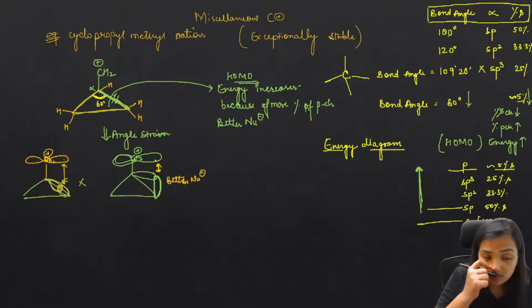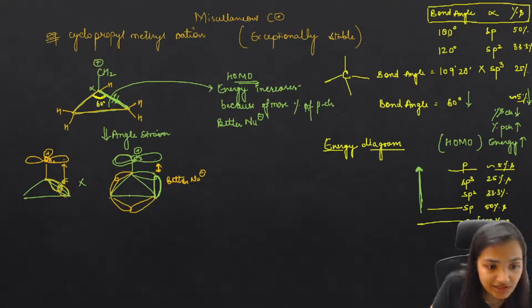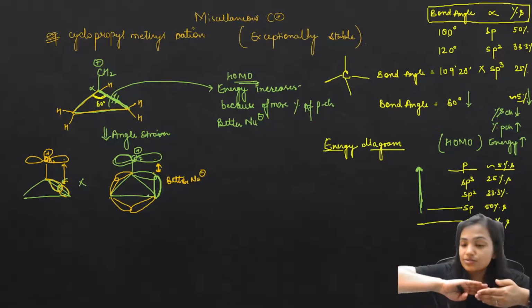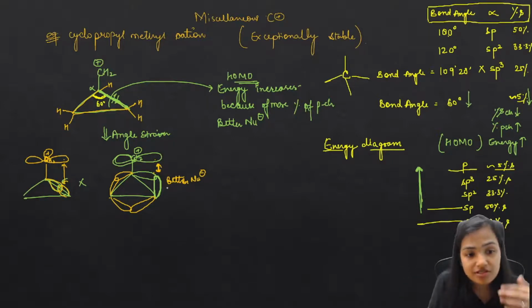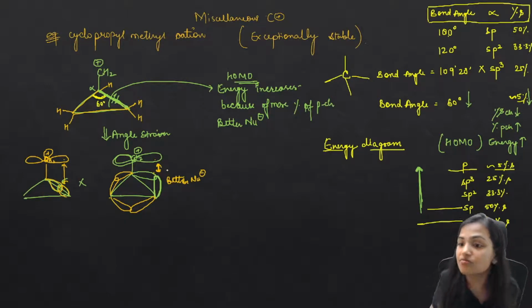Whatever overlap you see, they are going to have this kind of overlap. Because of this angle strain, this could not be a head-on overlap. So this becomes a better nucleophile, and has a tendency to give the electron pair more easily.